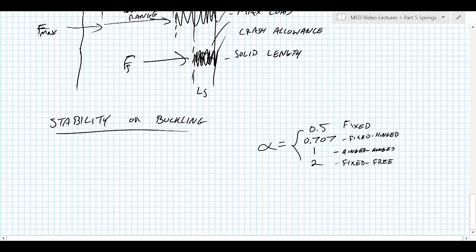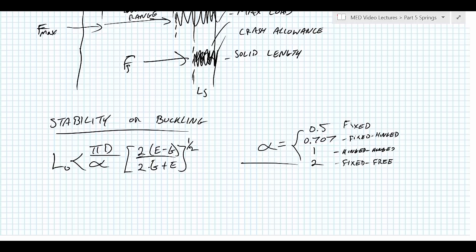All right, so the buckling criterion is that the free length of our spring needs to be less than pi times the mean coil diameter divided by this alpha that we identified, times the square root of 2 times the modulus of elasticity E minus the shear modulus G, over 2 times shear modulus G plus E. These are material properties. If the free spring length is greater than this, we will not have stability.